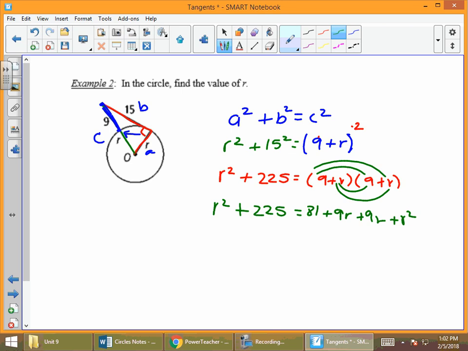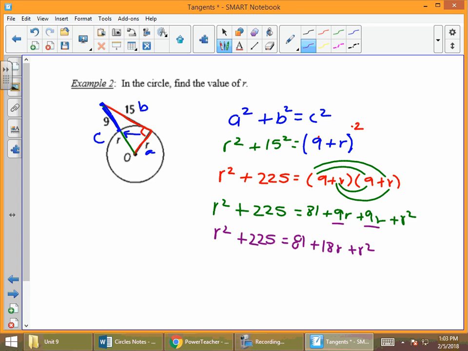Okay. Then go through, combine your like terms. Again, I'm going to keep this side exactly how it is. Can't really do anything with the 81. 9r plus 9r is what? 18r, plus r squared. And we're just solving for r at this point. What's going to happen to those r squared?